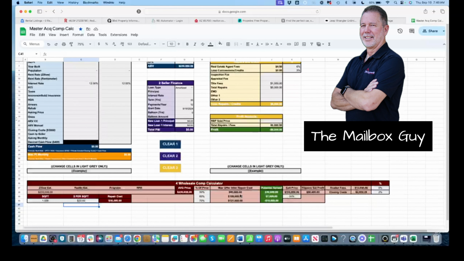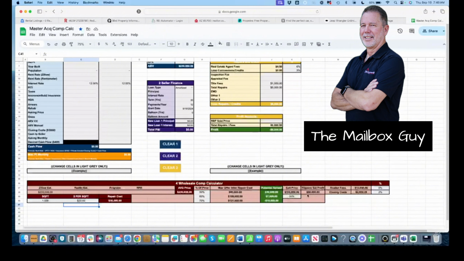Now the interest rates have dropped a little bit. Things are going to start happening within the next 3, 4, 5 weeks, so the values might come up a little bit. But this is a number you can play with in the calculator. You can change that number for yourself. The other number we have to look at is what the flipper is going to make. That's super important.